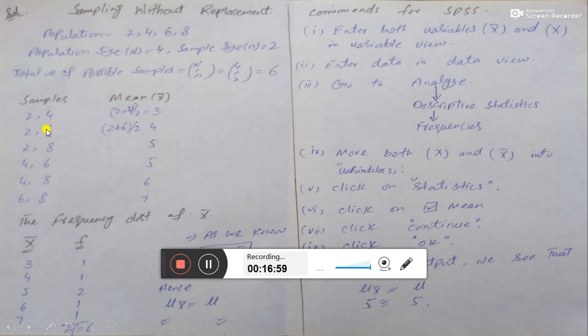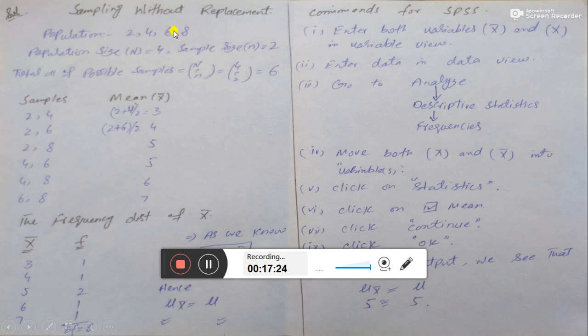And I have listed these samples, as you know it is the case of sampling without replacement. So when 2 is selected at the first stage or first drawing, it is not returned back into the population. So 2 cannot be selected with 2 again. So 2 can come with 4 only.